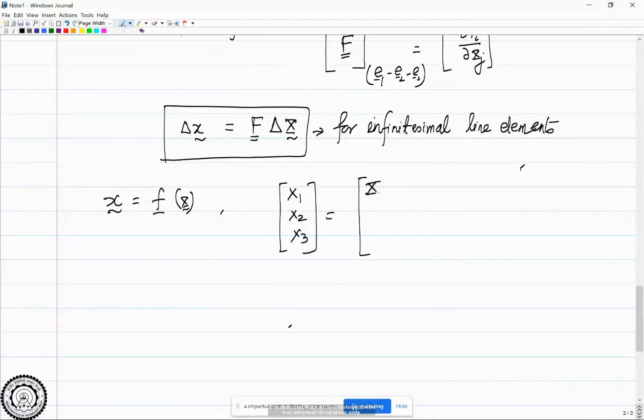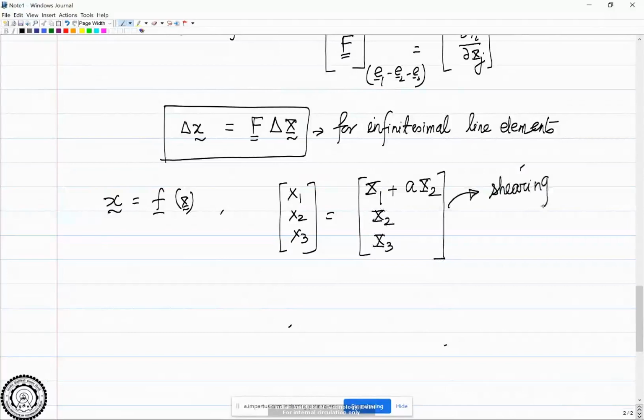Let us say small x1 is equal to big X1 plus a times big X2, and small x2 is the same as big X2, small x3 is the same as big X3. So think of a very simple deformation map like this.